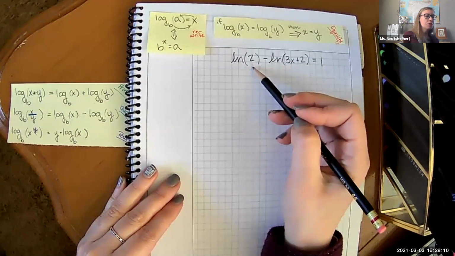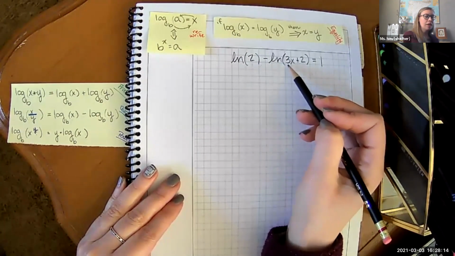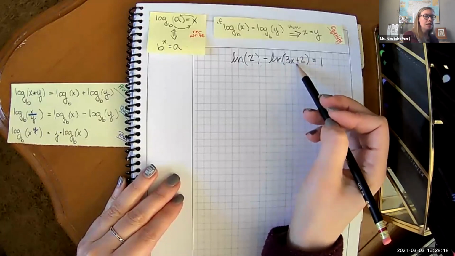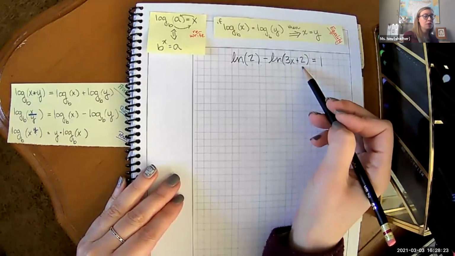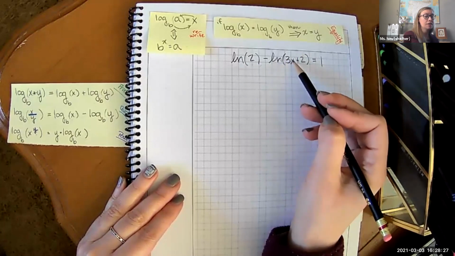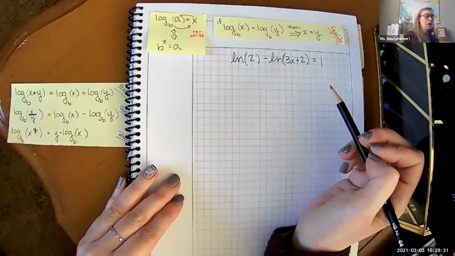So don't worry too much about that. It's only when you have multiple terms, or both of these things need to be raised to a power or something like that, that you really have to put the parentheses. Otherwise, this would say the natural log of 3x, that whole thing, plus 2.